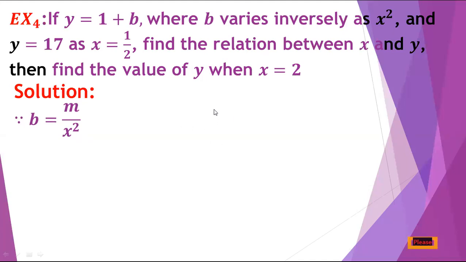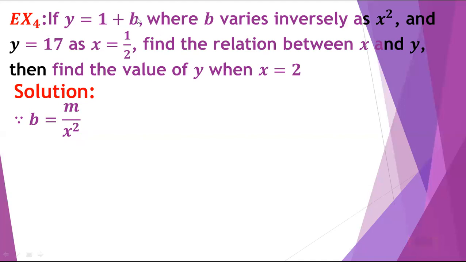B, the variation sign, 1 over x^2. This is the meaning of b varies inversely as x^2. Then we cancel this sign and put equals m over x^2 directly. Then here we have b equals m over x^2.